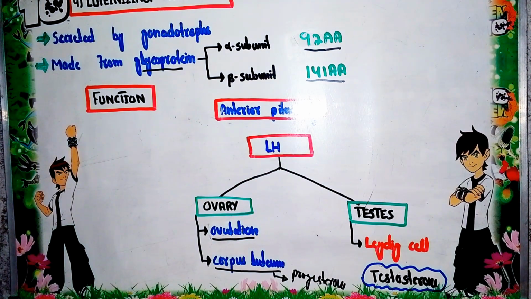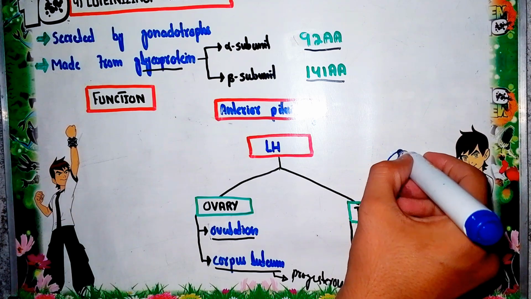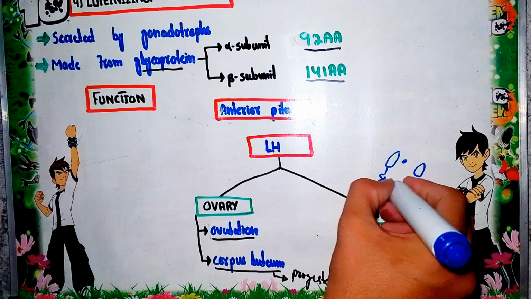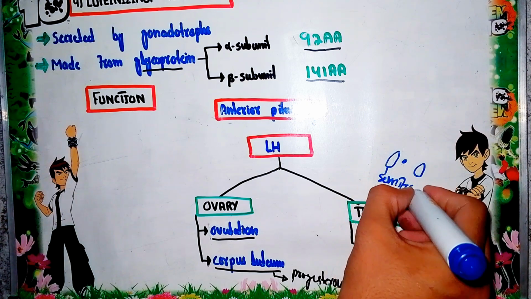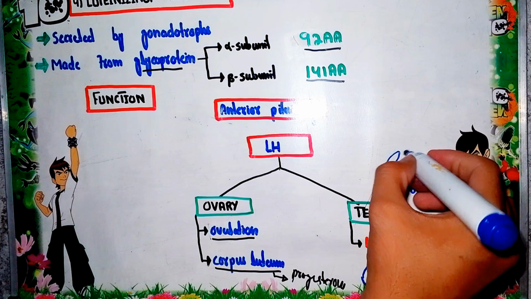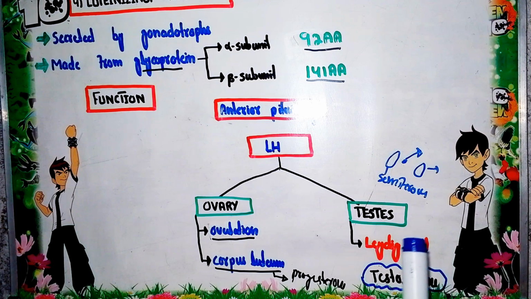Now in the case of the male, luteinizing hormone will act on the testes. In the testes, these are the seminiferous tubules where the process of spermatogenesis occurs. This is another seminiferous tubule. Between them, some cells are present that we call interstitial cells, known as Leydig cells.